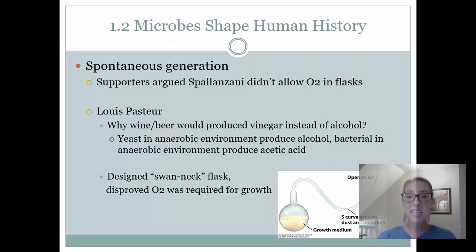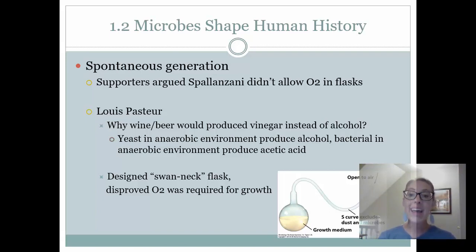Now, if you just have yeast in your vat, you get that alcoholic beverage that you want. If your vat is contaminated with bacteria, when many bacterial species grow in that oxygen-free anaerobic environment, they don't produce alcohol. What they produce instead is acetic acid. Do you know what acetic acid is? It's vinegar.